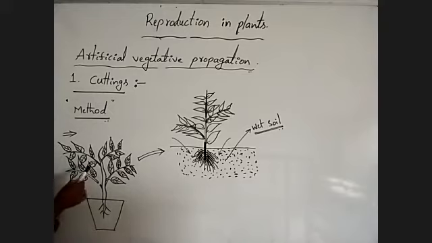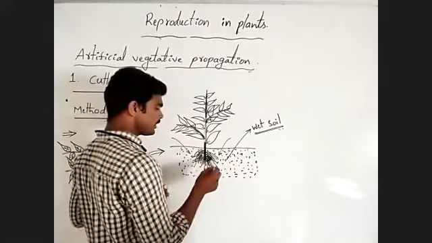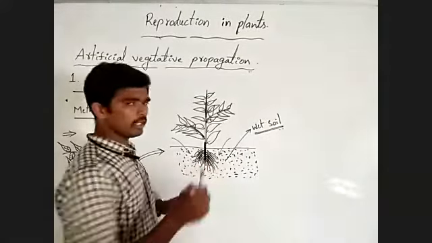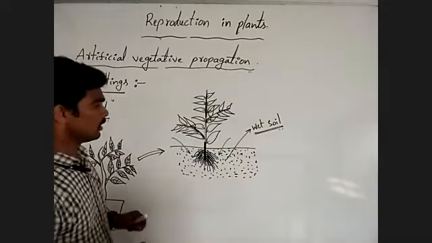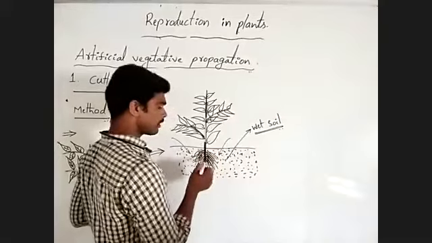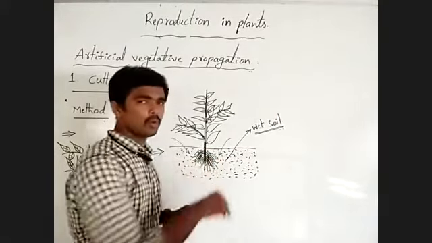Then the lower portion of the cut branch is buried in the wet soil. Then regularly that cut stem is watered.